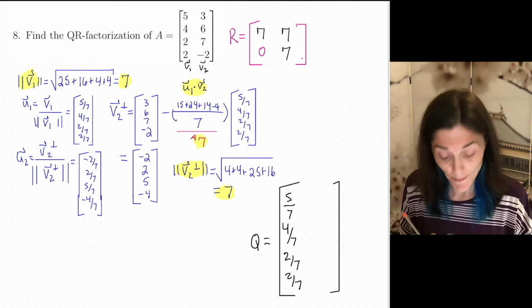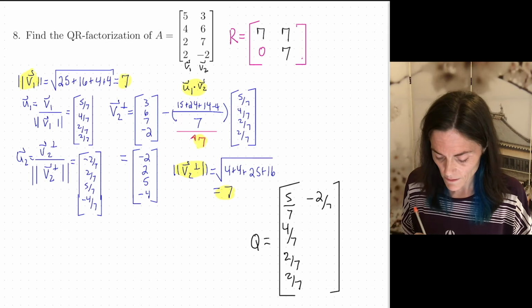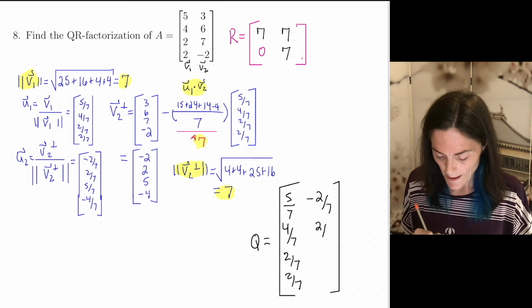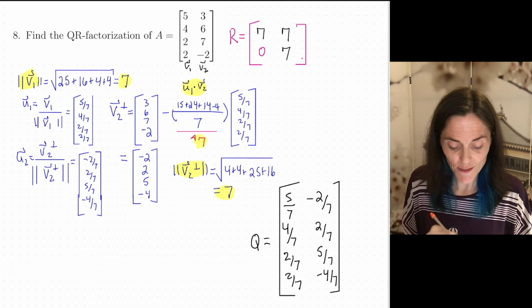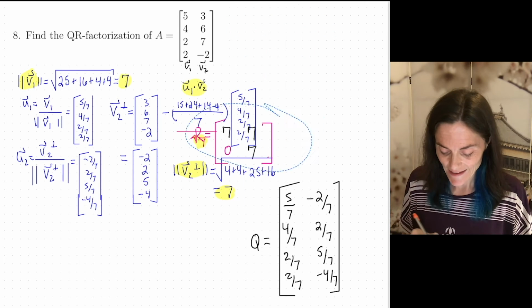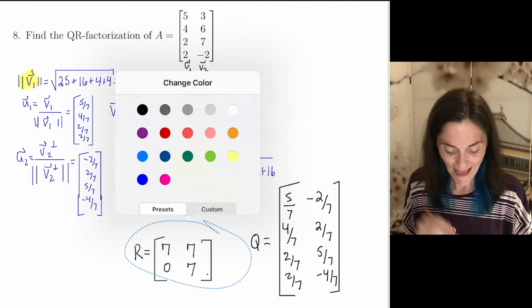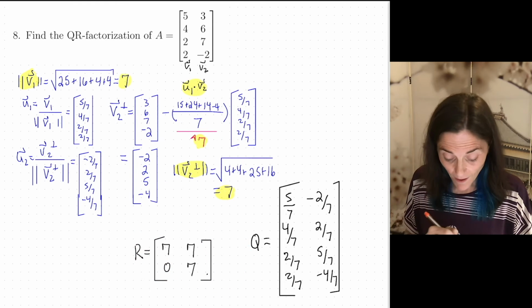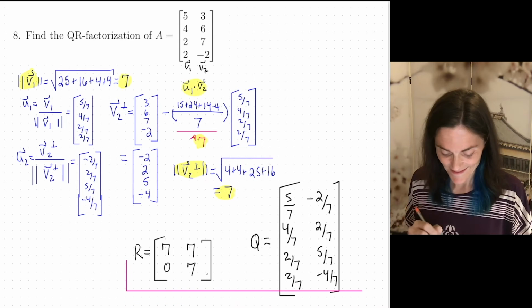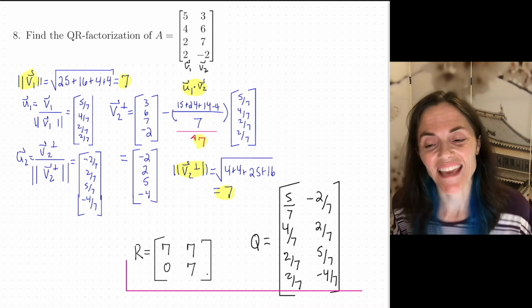And then the second column, minus 2 over 7, 2 over 7, 5 over 7, and minus 4 over 7. So this is our matrix Q. And then maybe I should color this black. This is matrix R. Here's my final answer for number 8.